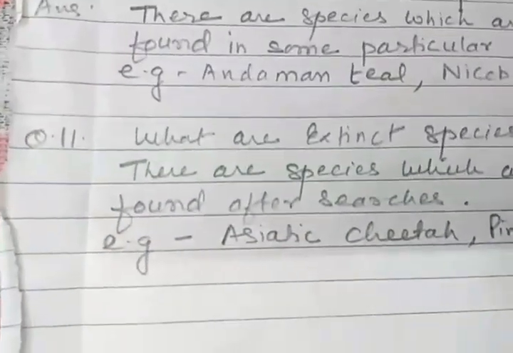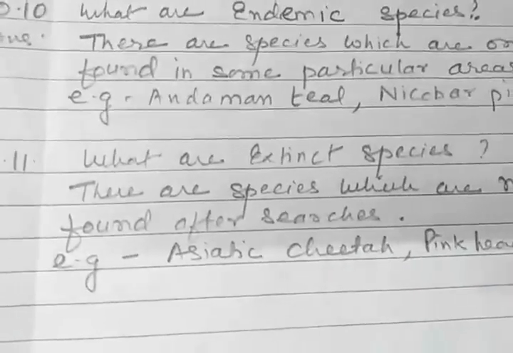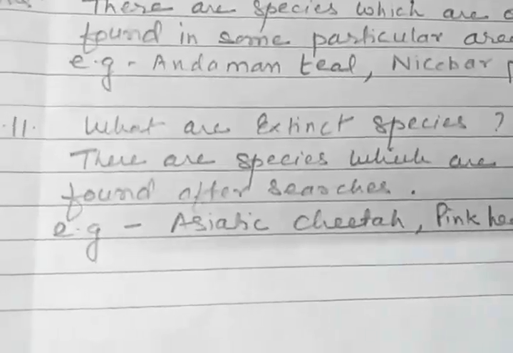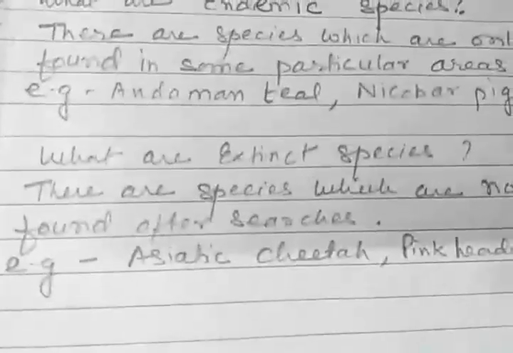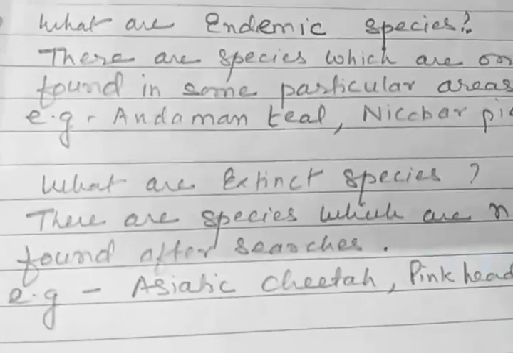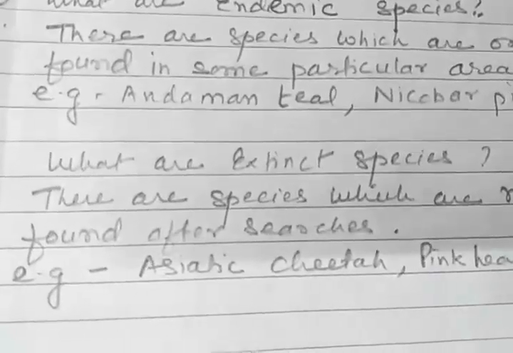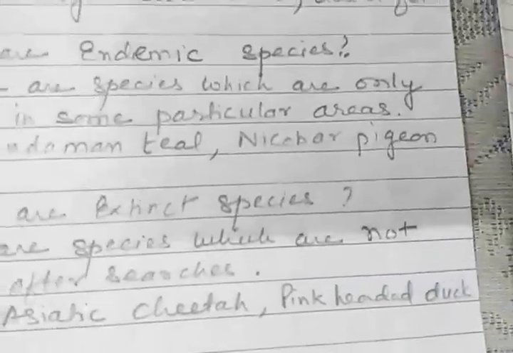Then we have got question 11. What are extinct species? These are the species which are not found after searches for a longer period, more than 30 years, etc. Example: Asiatic cheetah, pink-headed duck.